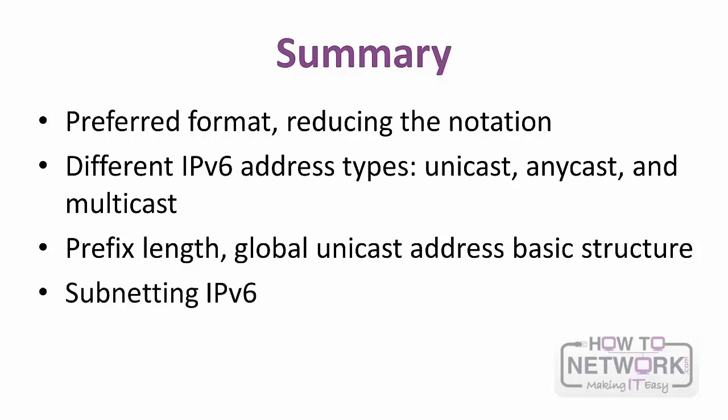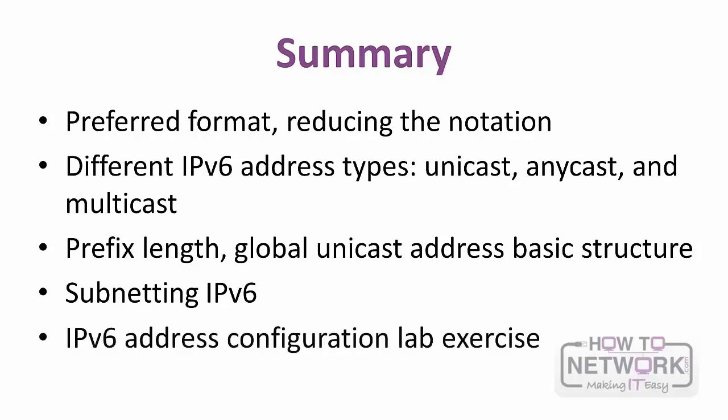The simplicity of subnetting an IPv6 address using the subnet ID or extending the subnet ID on a nibble boundary was also acknowledged. Subnetting within a nibble can be done, but it is a little more difficult and not recommended. IPv6 address configuration using CLI was demonstrated in a short lab exercise.